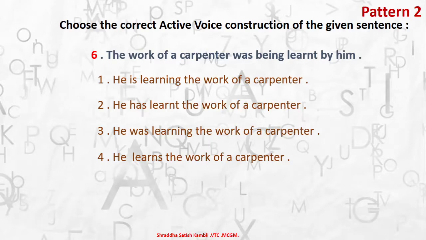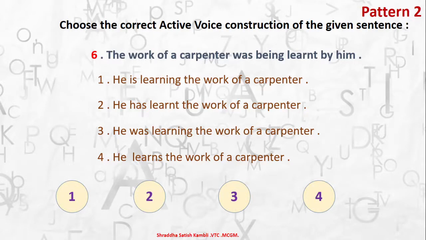He is learning the work of a carpenter. He has learnt the work of a carpenter. He was learning the work of a carpenter. He learns the work of a carpenter. So which do you think is the right option? Which is the right active voice sentence? Which one is it?